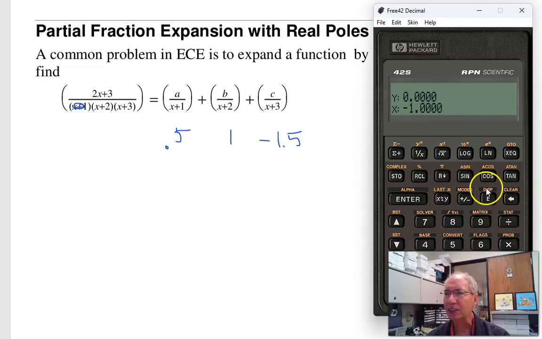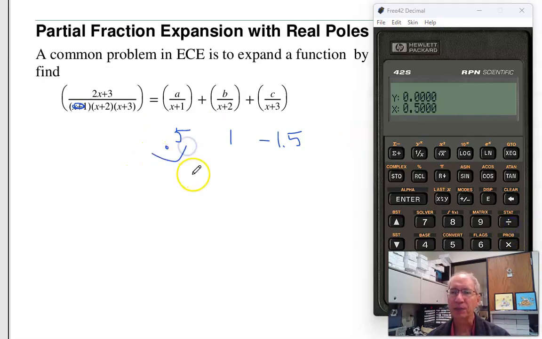I've already got an x, so let's have -1, store it in x. A then is 2x plus 3: 2, recall x, multiply, add 3. There's 2x plus 3, divided by x plus 2: recall x, 2 plus, divided by x plus 3. Recall x, 3 plus, divide.